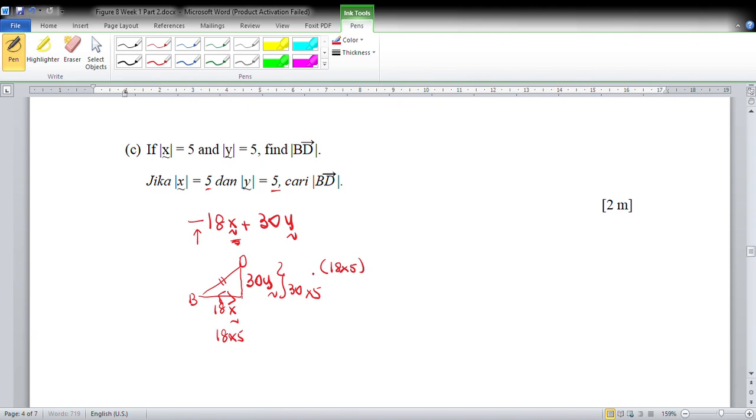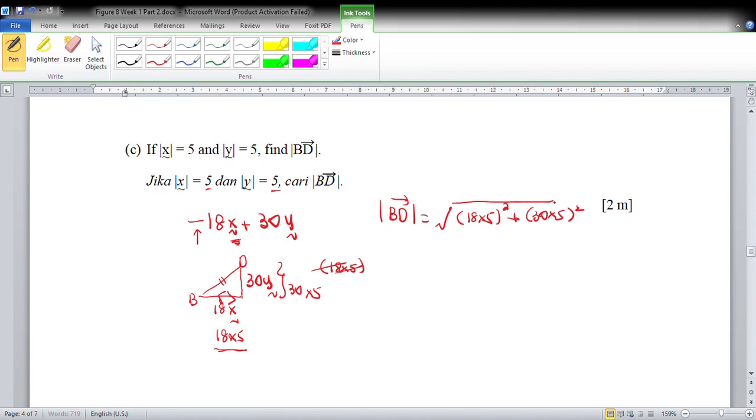When you want to find the length of BD, it is the square root of 18 times 5 squared, plus this length of y, which is 30 times 5 squared.